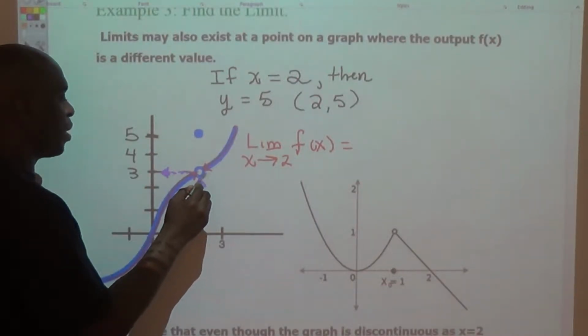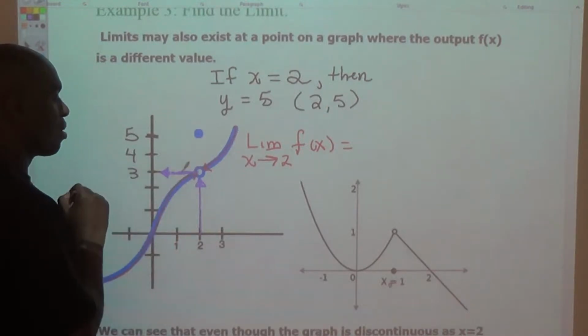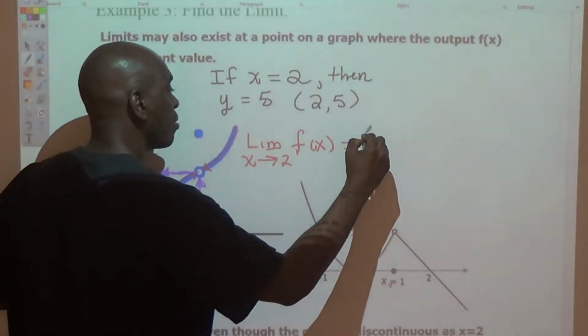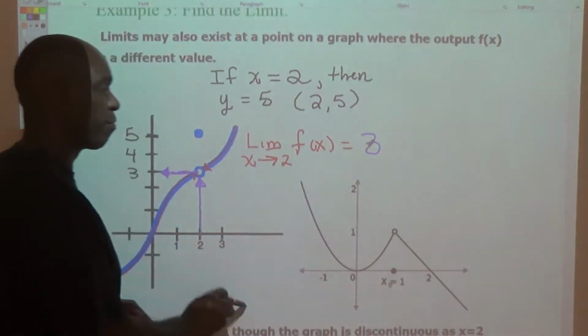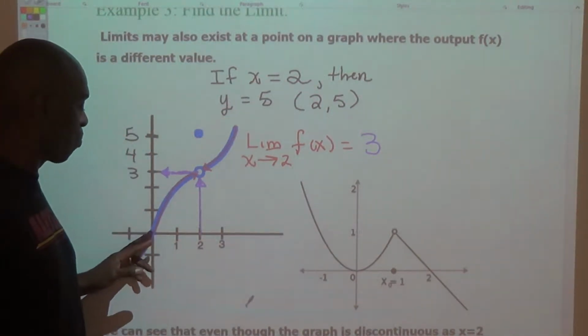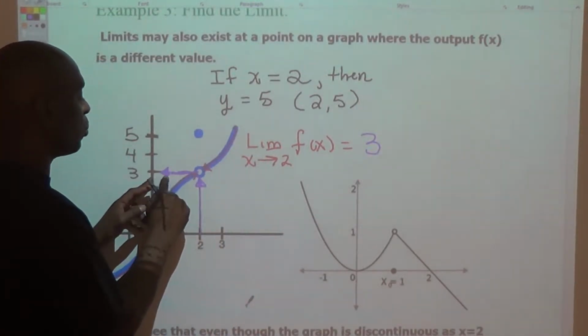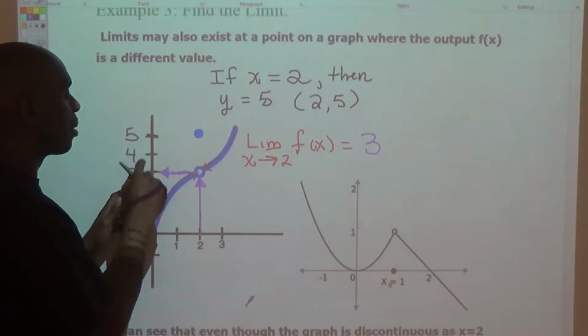So there you go. The limit is 3, because that's the value that we are approaching from the left and from the right.